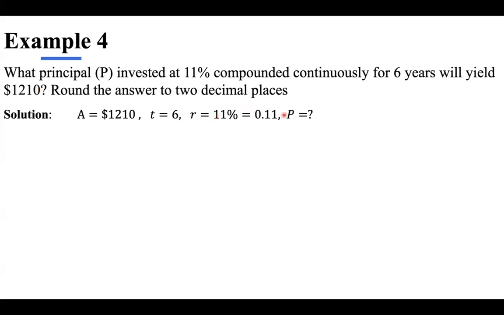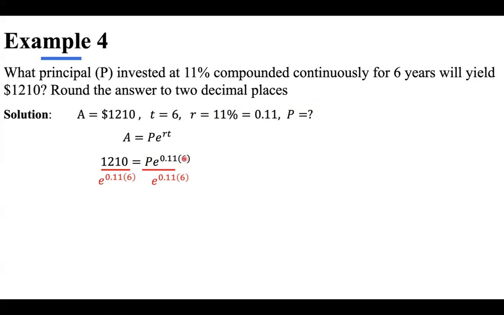So that's what we know. We don't know the P value. So use the compounded continuously formula, plug in everything. The unknown variable in this case is the P. So we have to solve for P. In order to do that, we're going to get rid of this portion right here by dividing both sides by e to the 0.11 times 6.